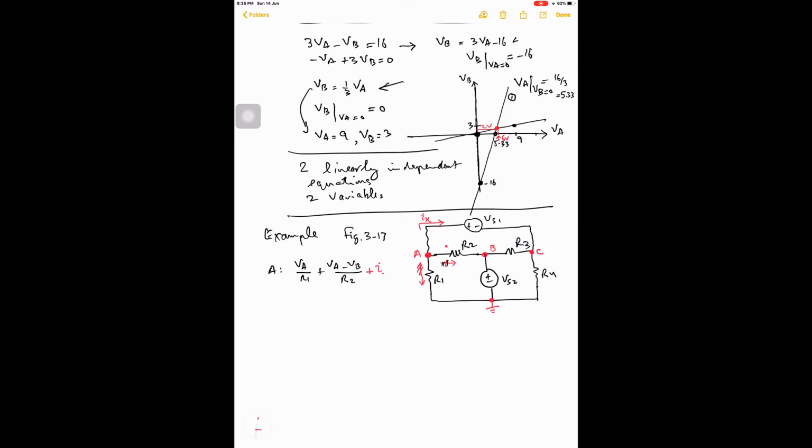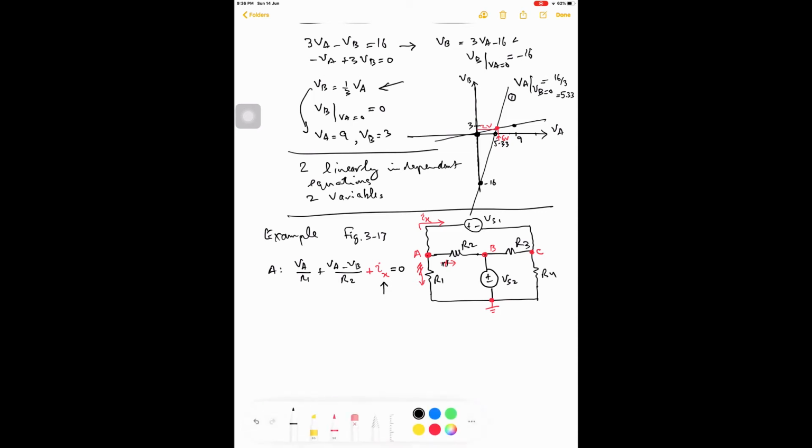And we write it over here in the node equation. We have assumed that this current is IX. Later we will be able to calculate this current.